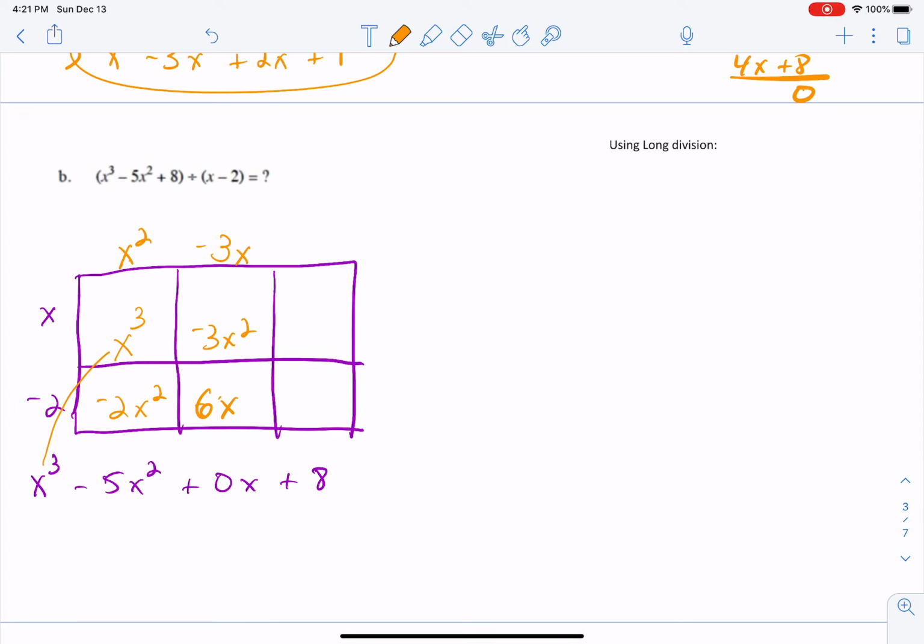So to get 0 x's, I'm going to have a negative 6x plus 6x. And in my last section here, what plus 12 gives me 8? So a negative 4 in this case is my remainder.